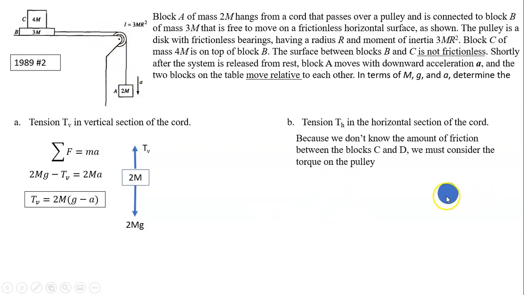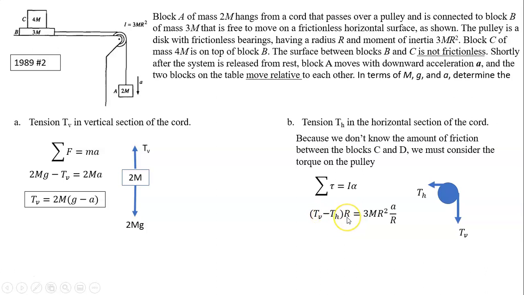Again, draw a free body diagram. You have two forces producing two torques. Net torque equals I alpha. We're using torque because the pulley is rotating. So TV is rotating one way and TH is rotating the other way. You have to subtract. TV minus TH, times r, that's the torque.